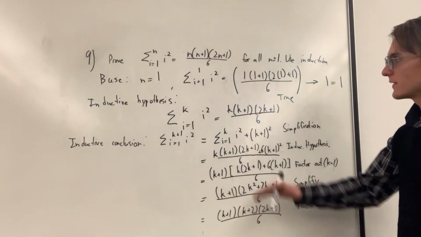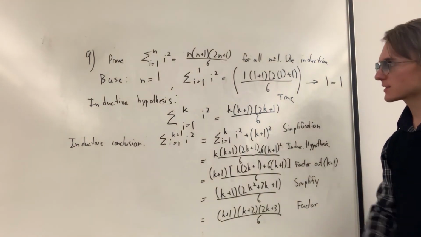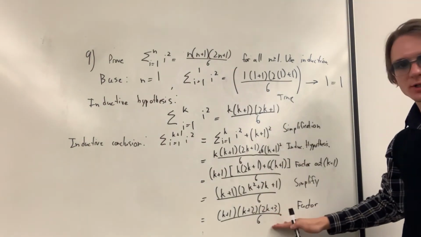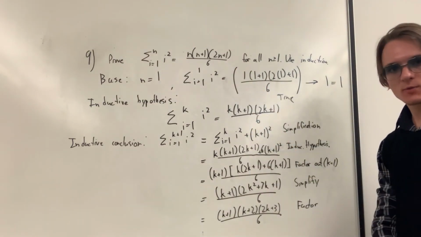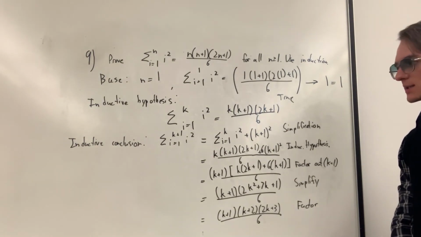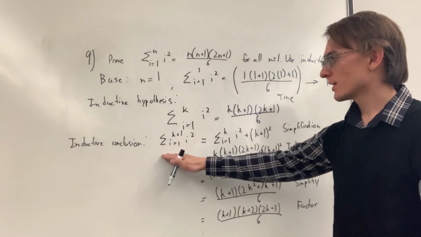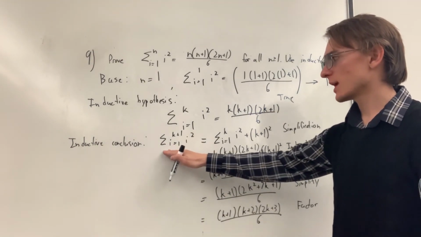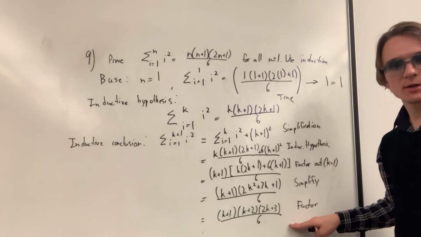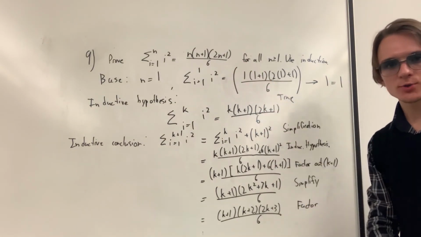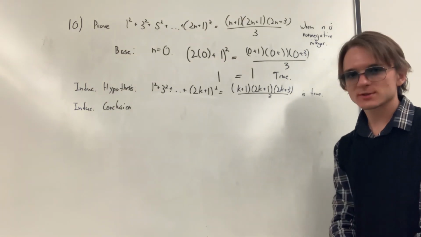Now you'll notice that this expression here, n times n plus 1 times 2n plus 1 over 6, matches this expression below if we replace all of the n's with k plus 1. So, because it holds true that the sum of i equal to 1 all the way through to k plus 1 of i squared is equal to what we were trying to prove, then this expression holds true.